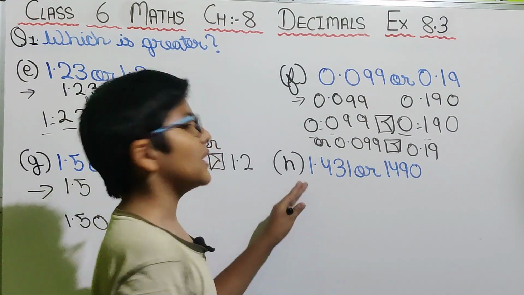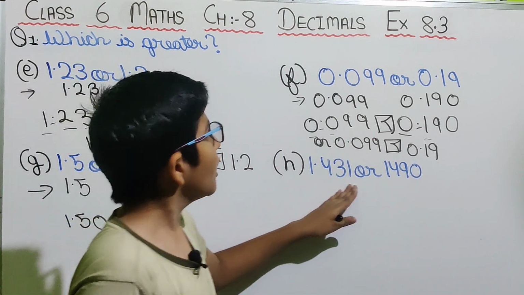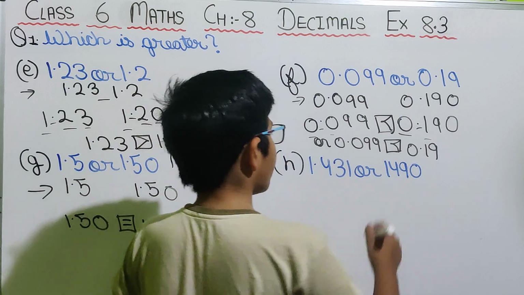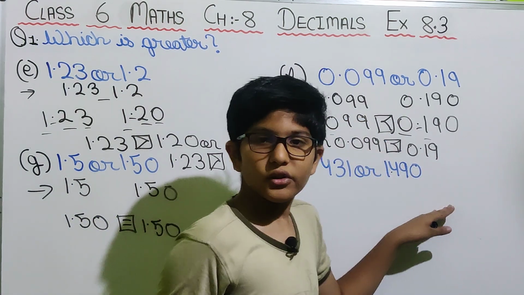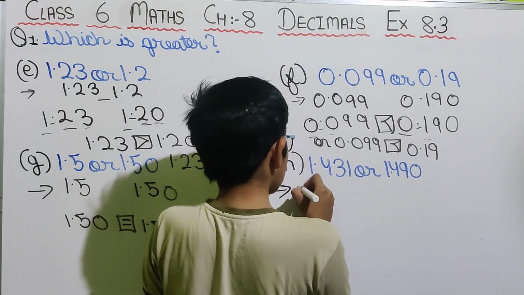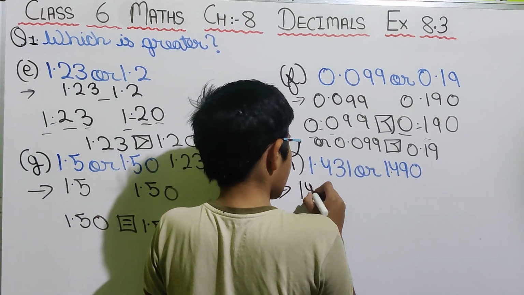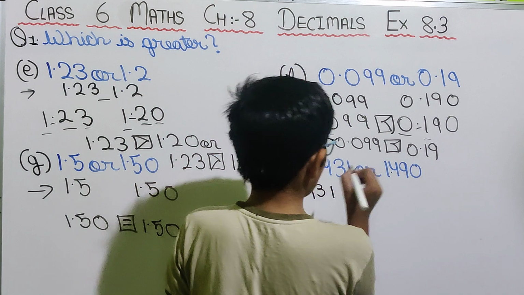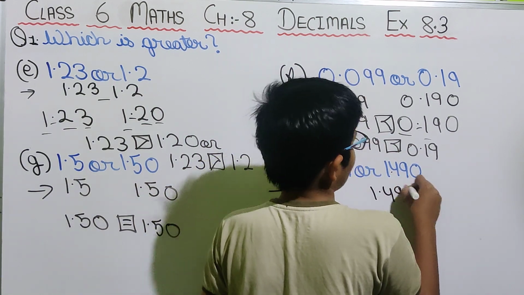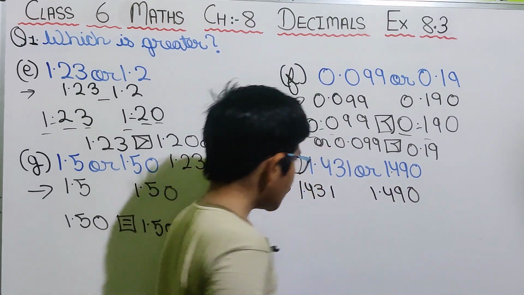So now let's move to the H part: 1.431 or 1.490.